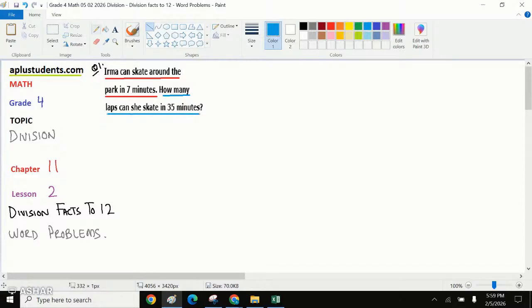That means if 35 minutes were taken by her in total, and for each she took 7 minutes, we know that when 35 is divided by 7, we read the table, right? 7 times 5 is 35.